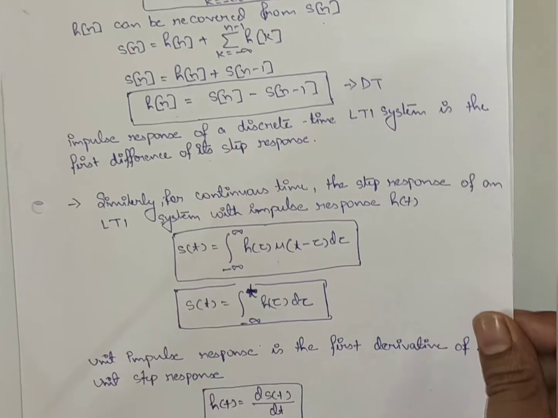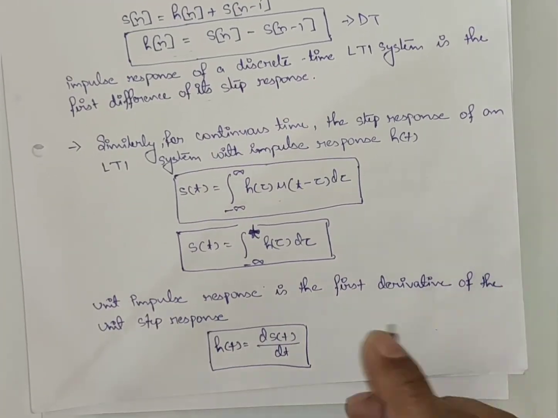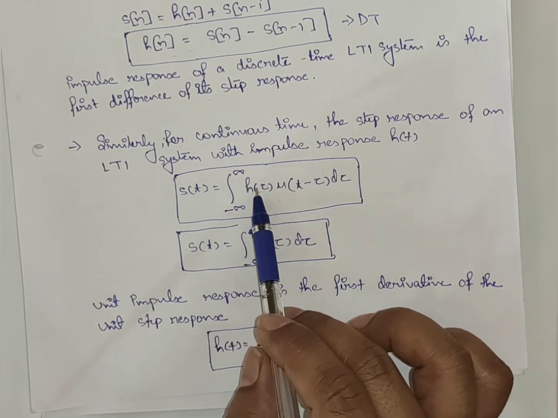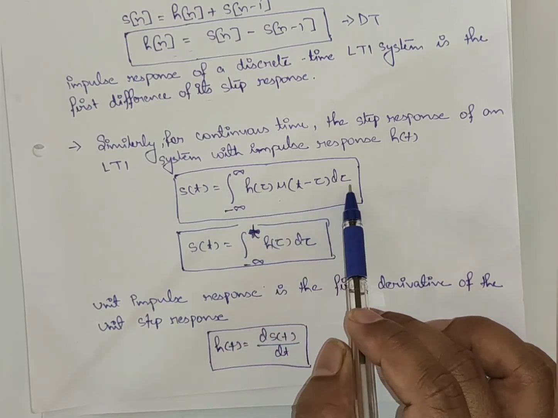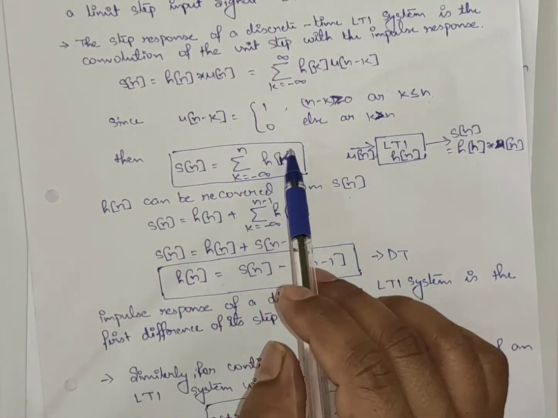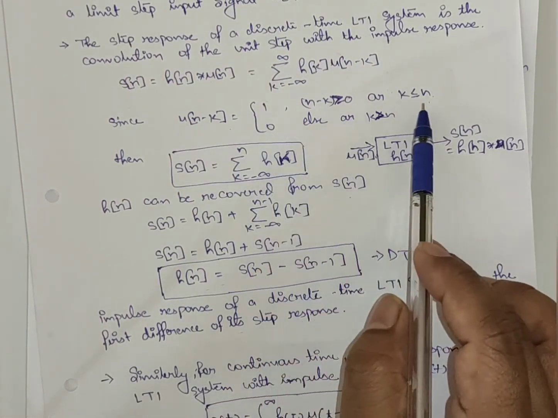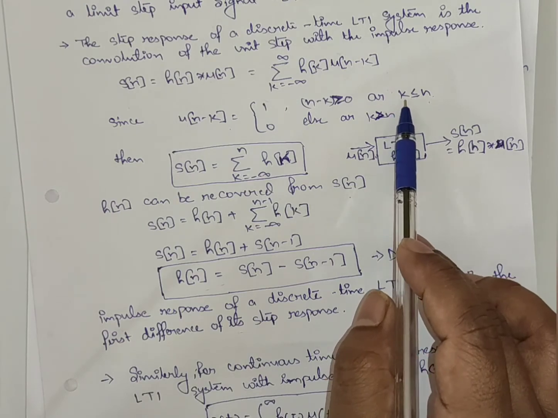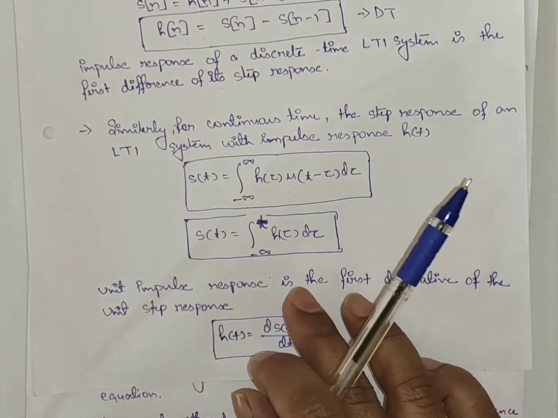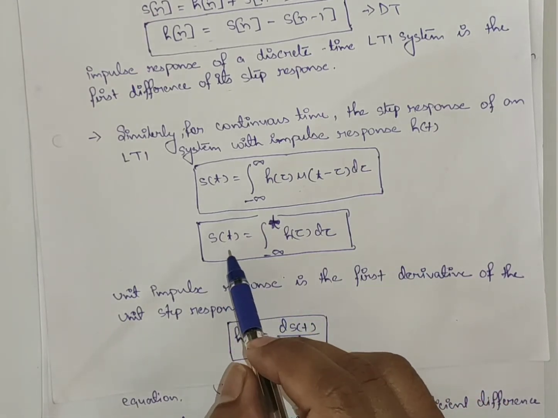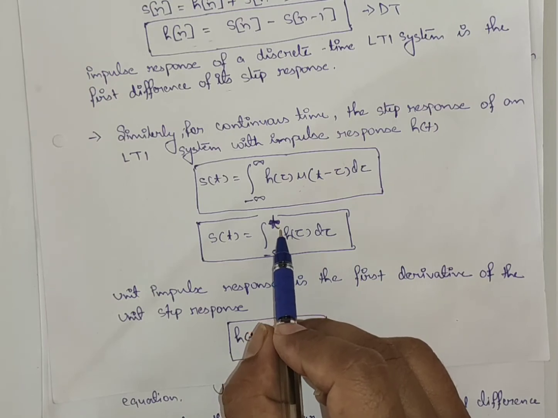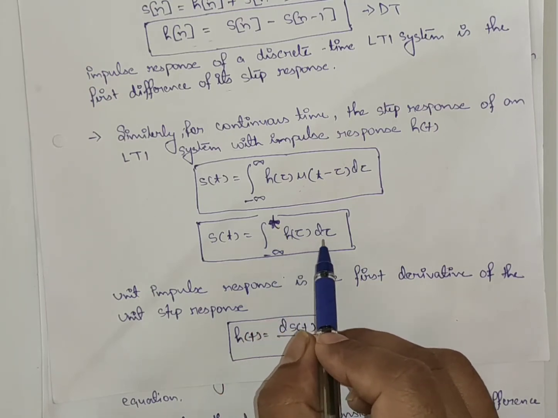Similarly, we can obtain this for continuous time. For continuous time, the integral from minus infinity to infinity of h(tau) u(t minus tau) d tau.